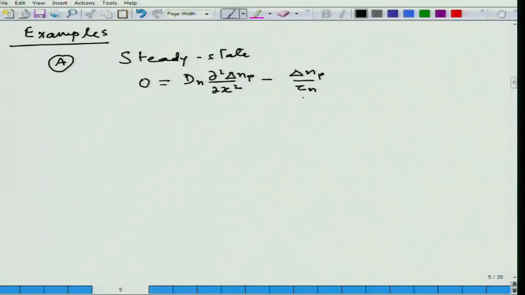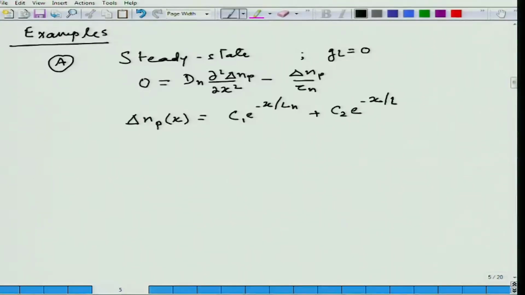What are the typical solutions for such an equation, and assuming here the photo generation G L is 0, then the typical solution for the excess carrier concentration in P will be of the type, which is given by C1 exponential minus x over L n plus C2 exponential plus x over L n, and these are the constants which need to be evaluated for a given boundary condition.